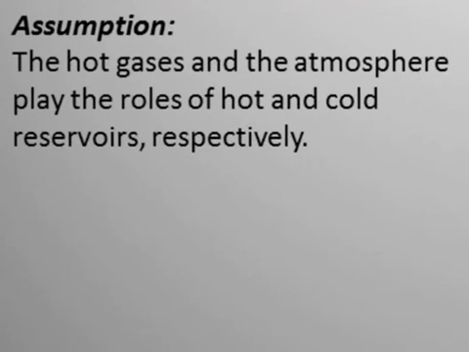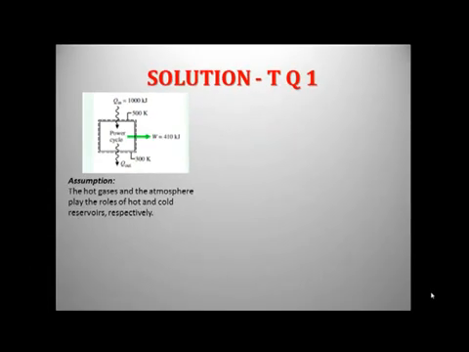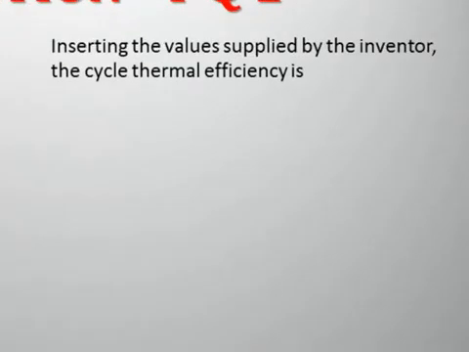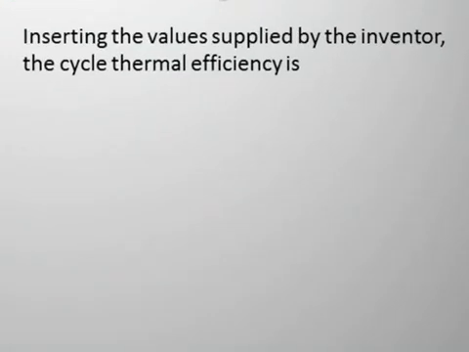Now let's make this assumption. We are assuming that the hot gases and the atmosphere will play the role of the hot and cold reservoir, and so we'll first of all calculate the actual efficiency claimed by the inventor. Now let's insert the values into the formula. Efficiency equals work output over input heat.